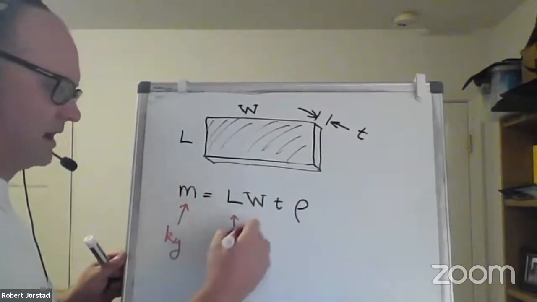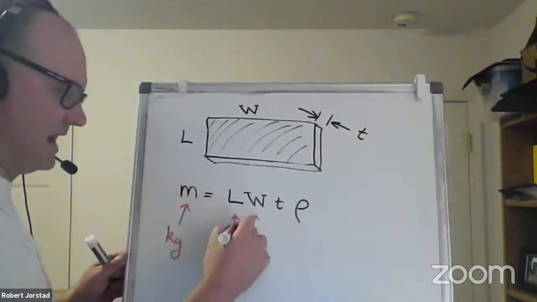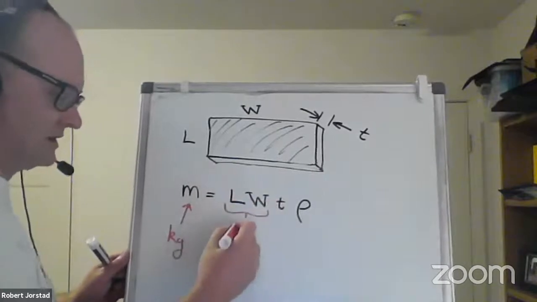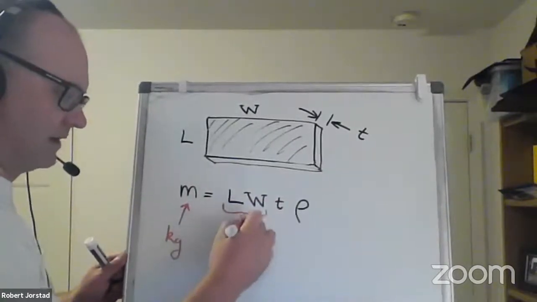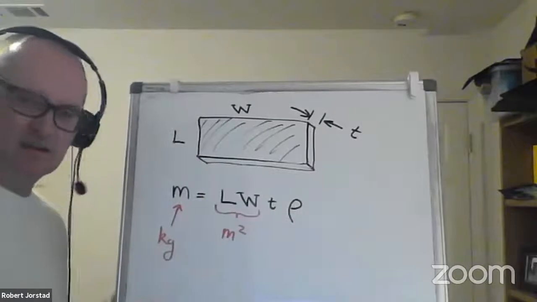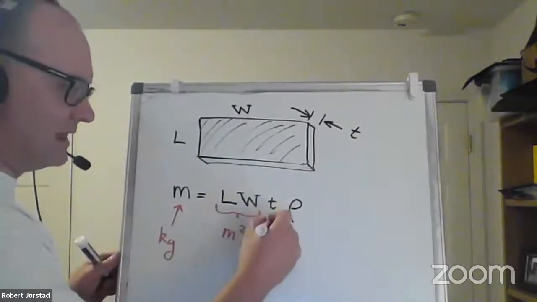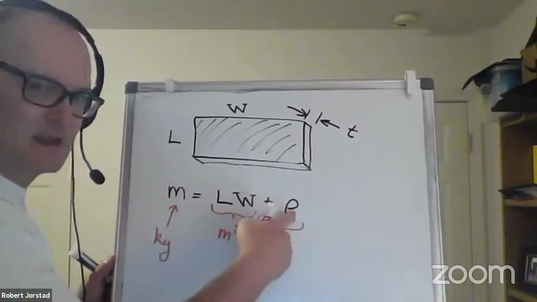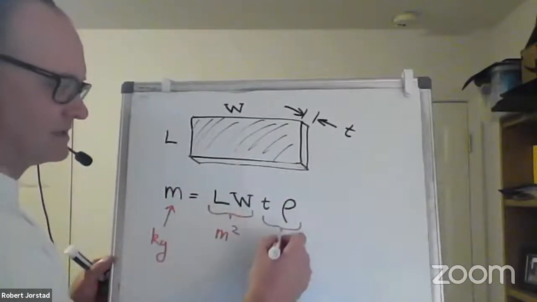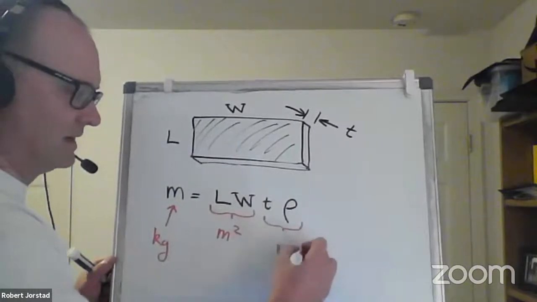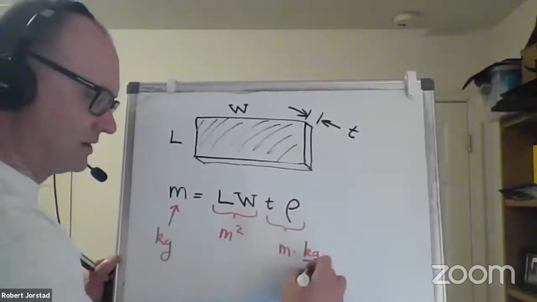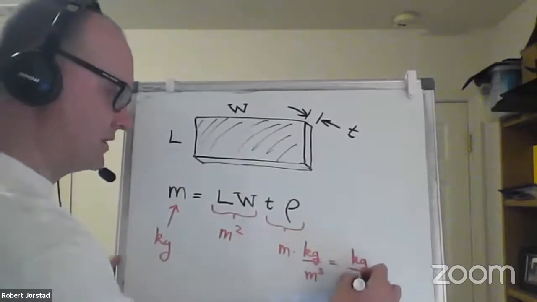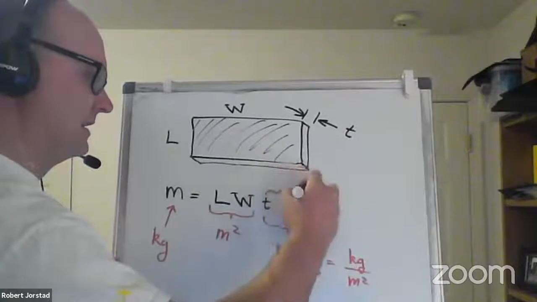Length and width combine to have units of meters squared. Length times width, that's an area. Now, what if we combine these two, the thickness of the plate and the density? If we combine those two, we get something that has units of meters times kilograms per meter cubed. That is kilograms per meter squared. That is sigma.